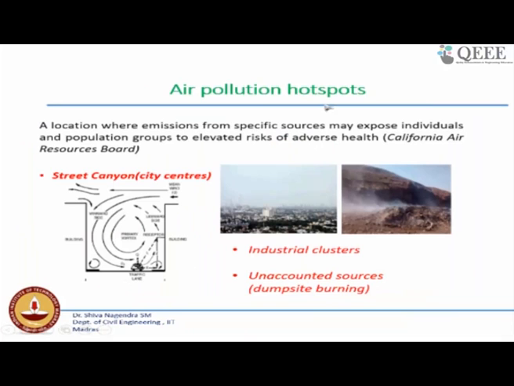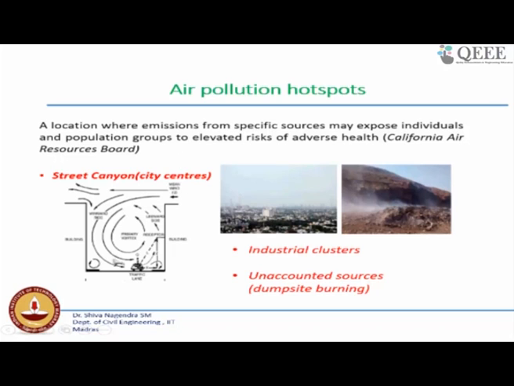So first, let us try to understand what an air pollution hotspot is: a location where emissions from specific sources may expose individuals and population groups to elevated risks of adverse health effects. It means that a specific source can cause significant damage to an individual or a group of the population.